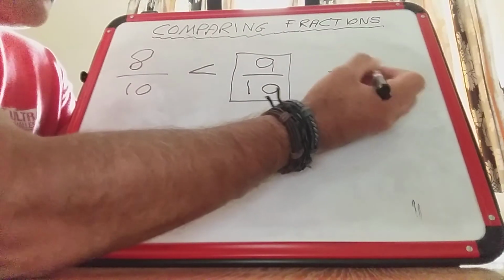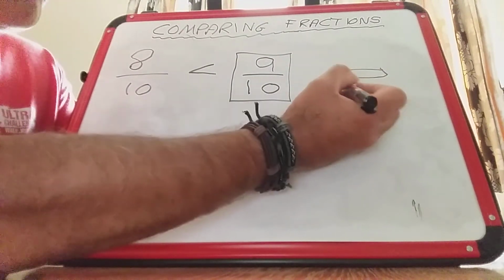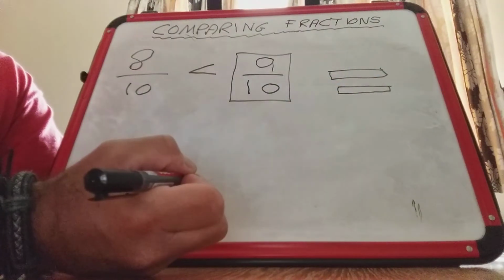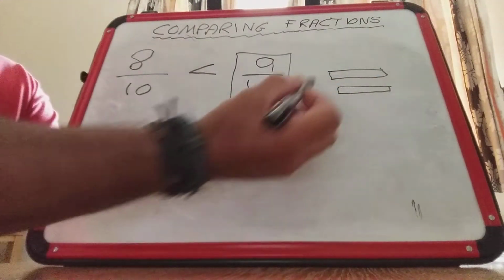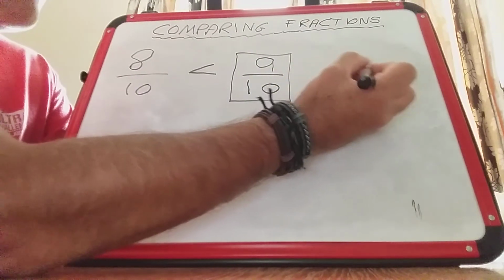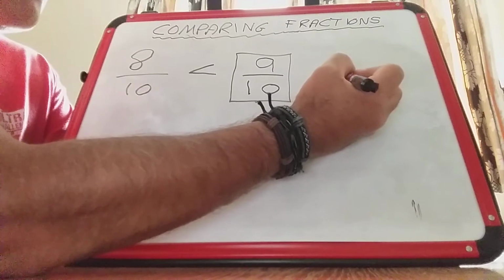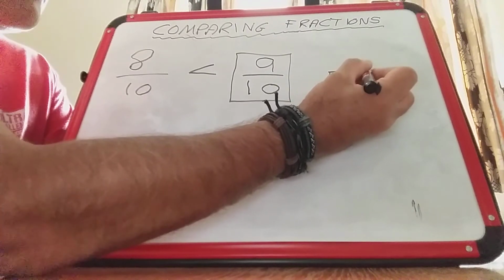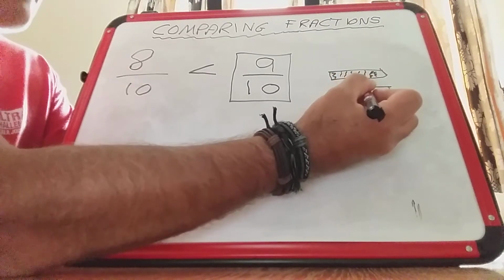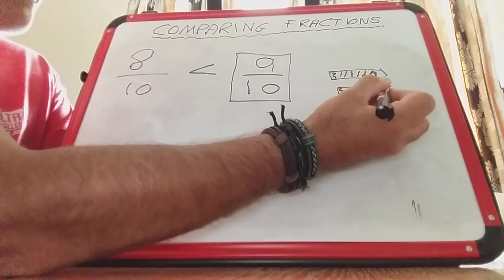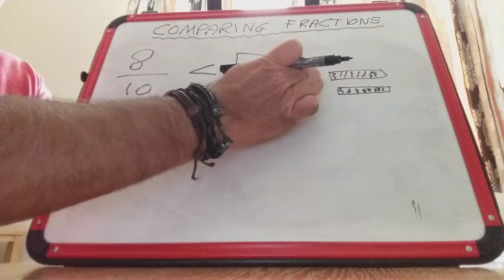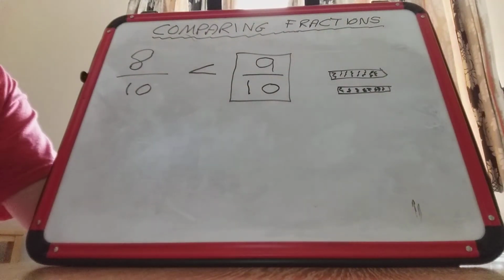Okay, and again, if you want to check, you do a bar model and split it into 10 squares, and at the top you shade in 8 of them, 1, 2, 3, 4, 5, 6, 7, 8, and at the bottom you shade in 9 of them, something like that, and then you'll be able to see that 8 is less than 9.